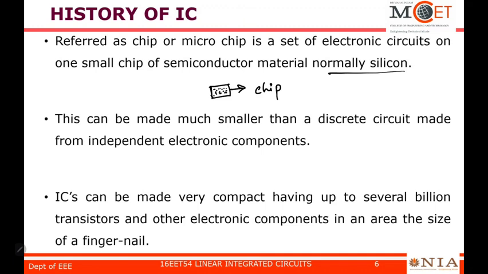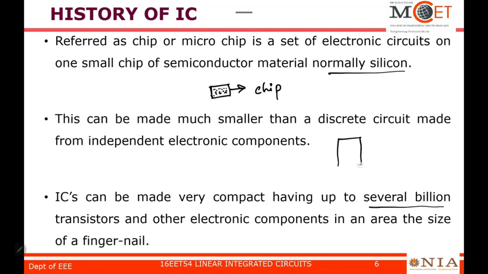This can be made smaller than a discrete circuit made from independent electronic components. So this looks very small compared to our discrete circuits. ICs can be made very compact, having up to several billion transistors.